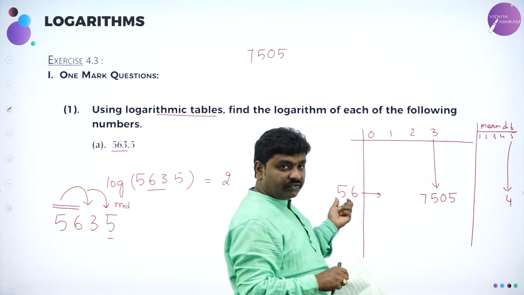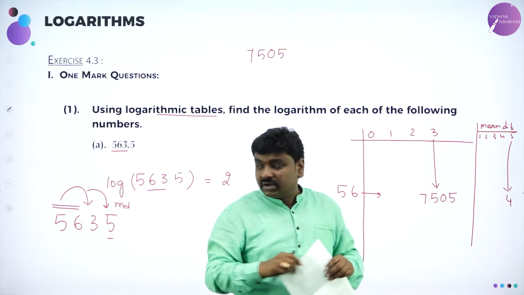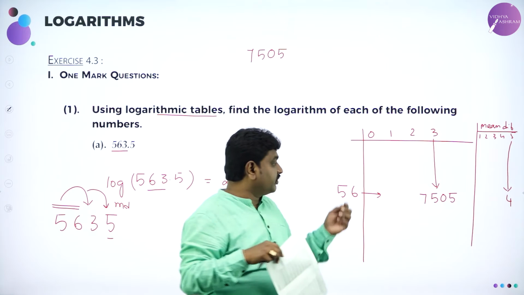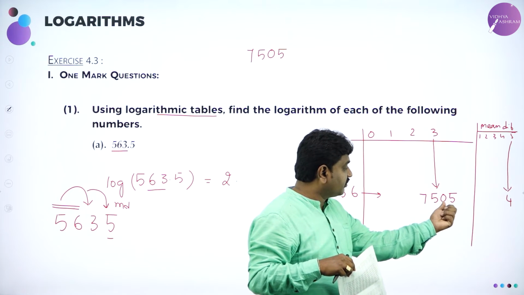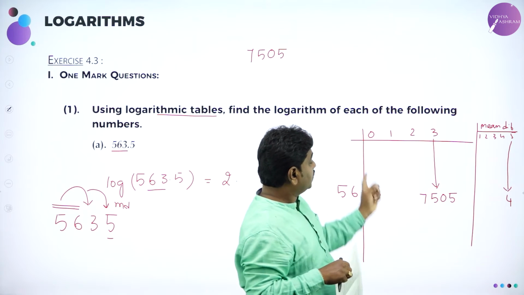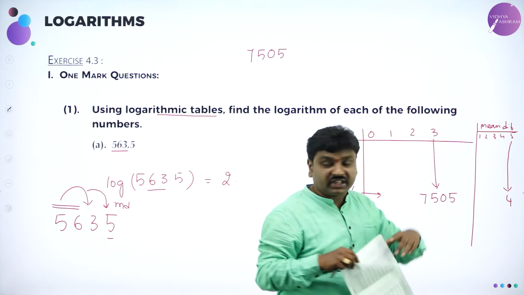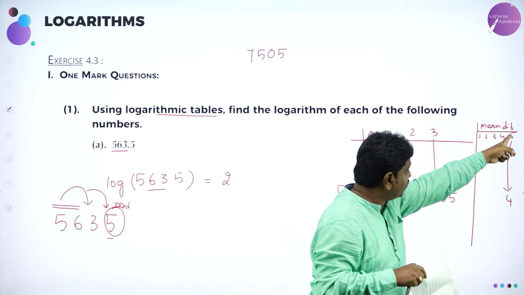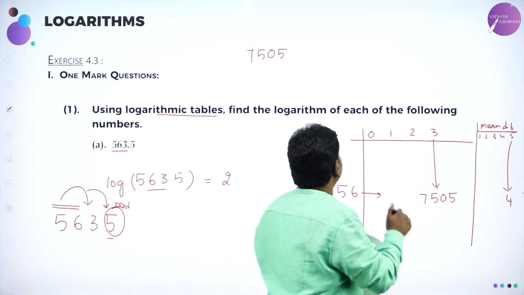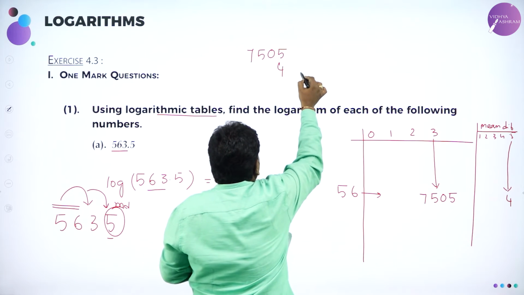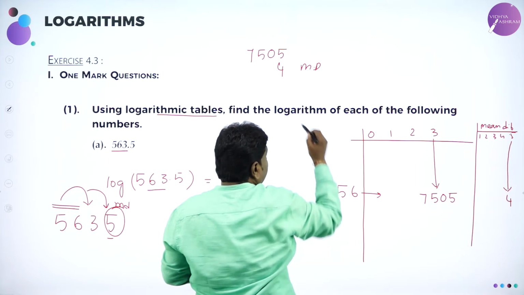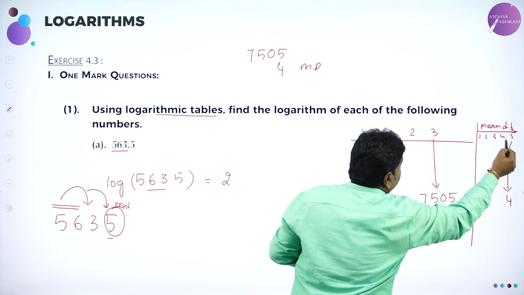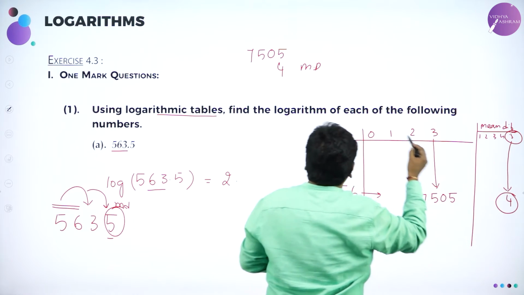So I see 56, then 56 under 3, I have the number 7505. I wrote it here. Then under 56, the mean difference, what is the next digit? I have 5. In the mean difference column, under 5, I have 4. That mean difference I should add.